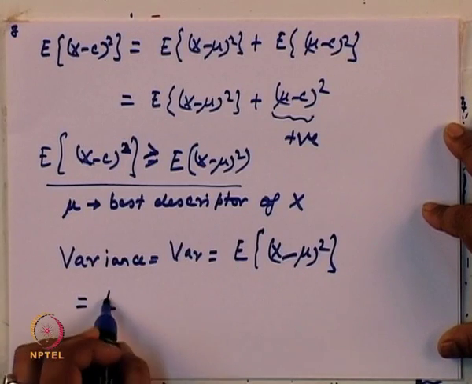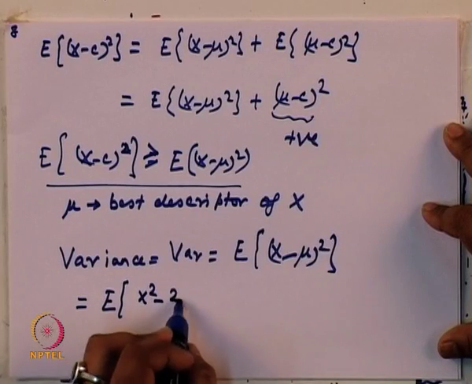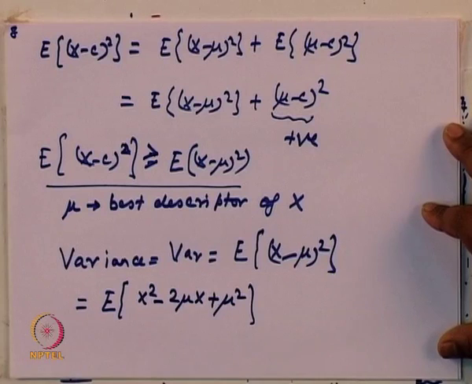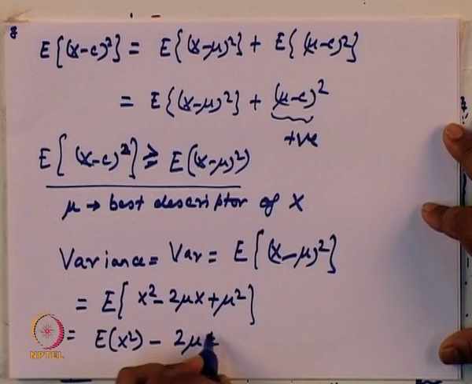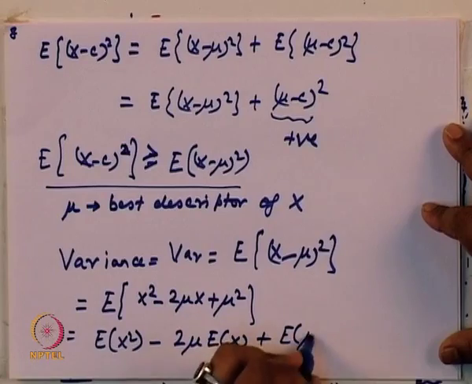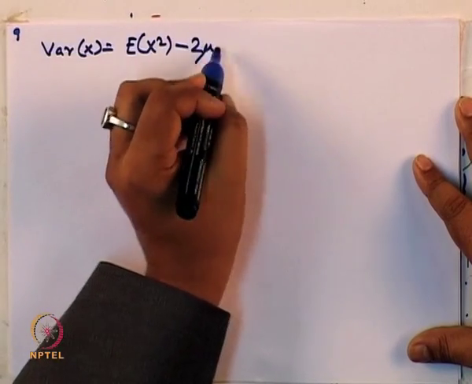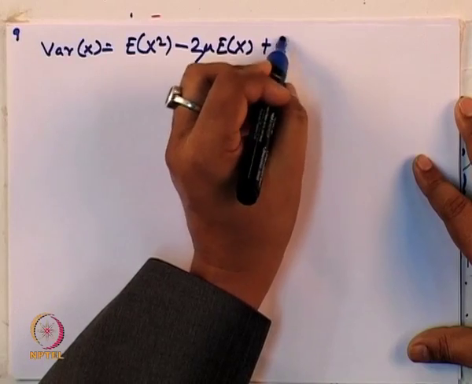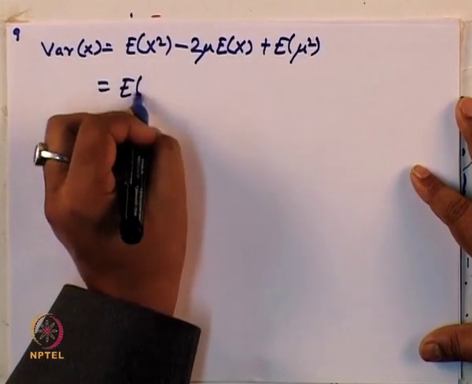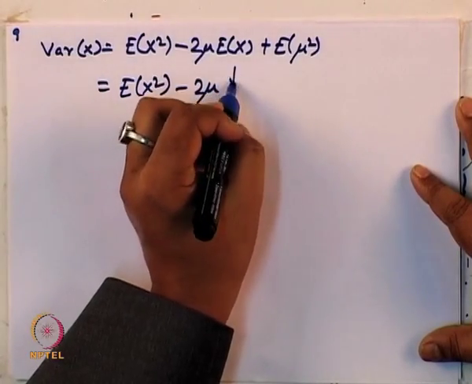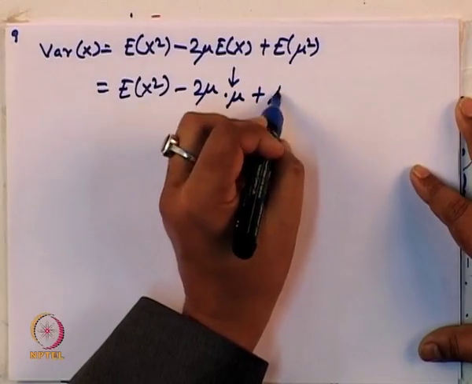So, I can expand this. Expectation of x is simply equal to mu, and expectation of mu square is simply equal to mu square.